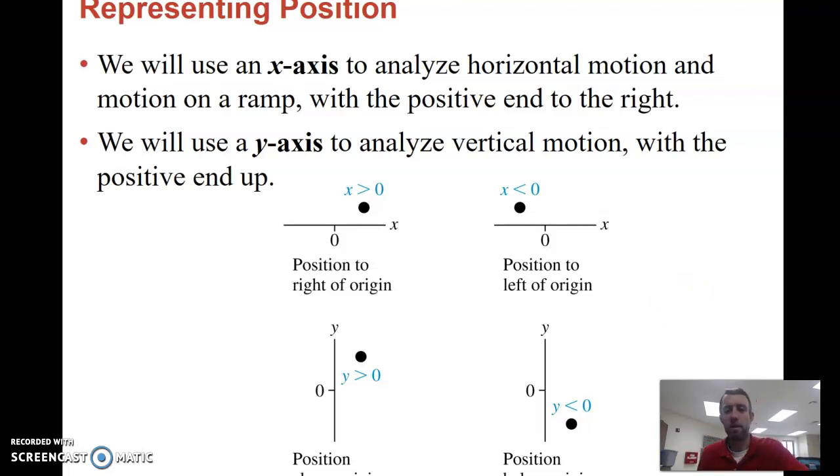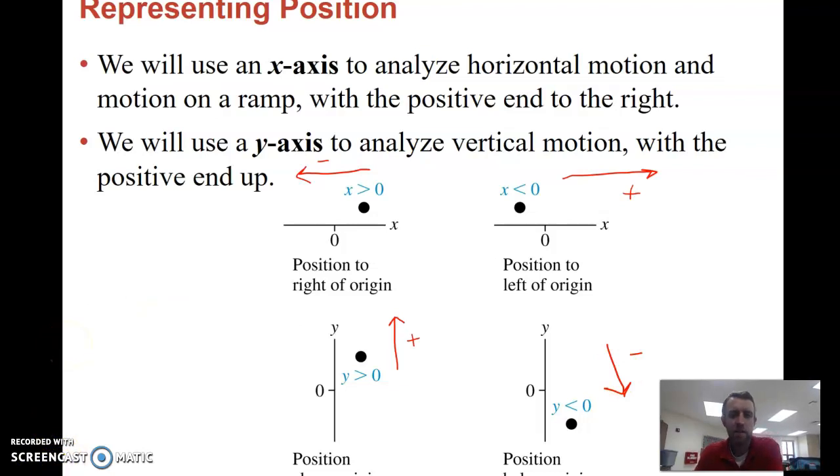And generally, this is how it works. We have positive x, just like on a standard coordinate system that you might do in math, right? That positive is to the right, negative numbers are to the left, and then we have positive y values, anything above that origin of 0, and then negative y values down to the bottom.